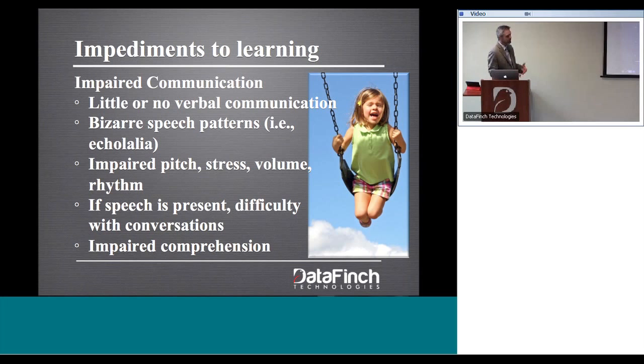And of course, not only does that make it difficult to communicate with people, but that tends to pervade every other area of that person's life. So it affects his or her ability to participate with peers, both when you're talking about children and adults. So for adults, obviously, you have to interact with peers at work and at home and various other places, leisure activities.